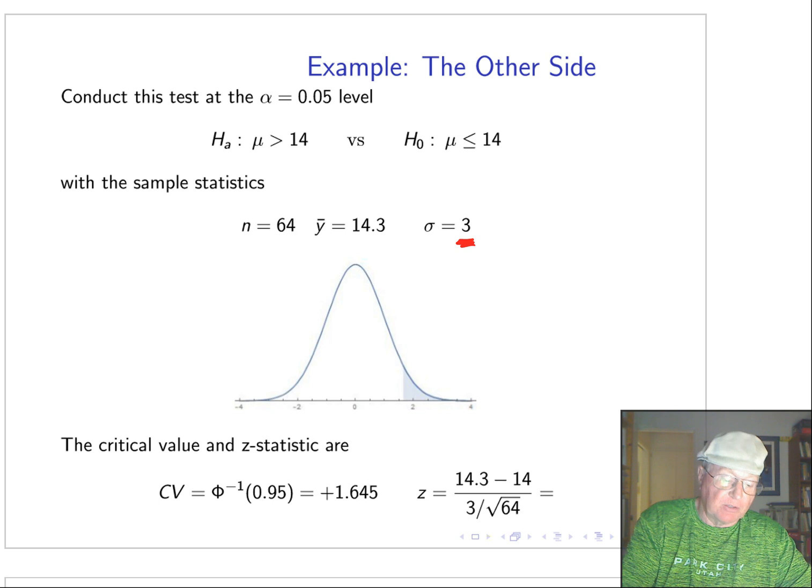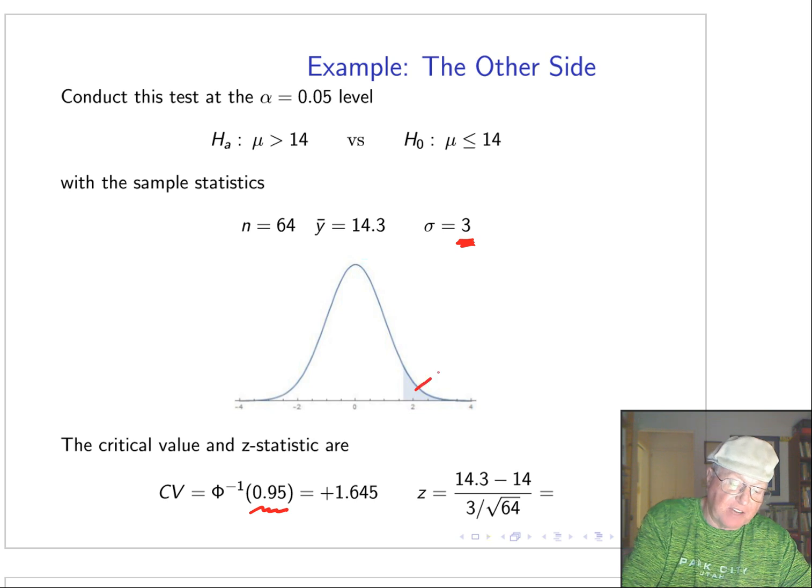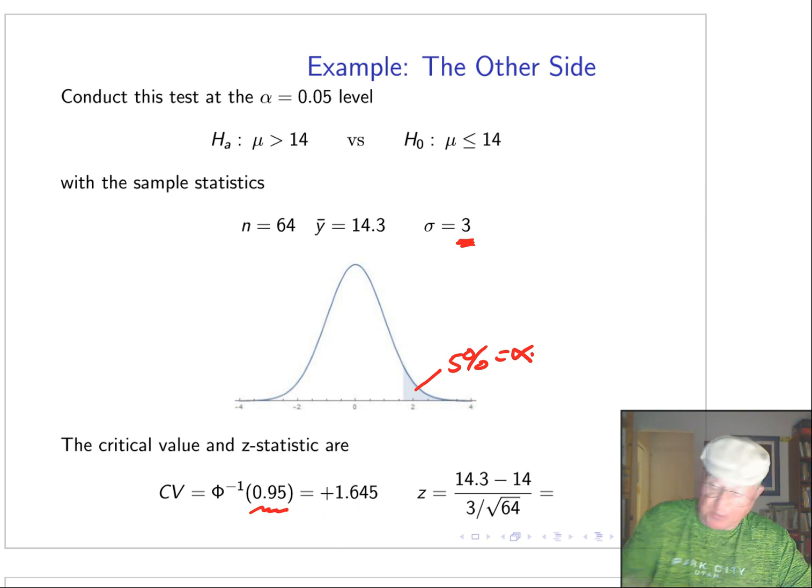Now the critical value is on the high side, so now we go up to 95% because the 5% is up here. So now the critical value is plus 1.645.